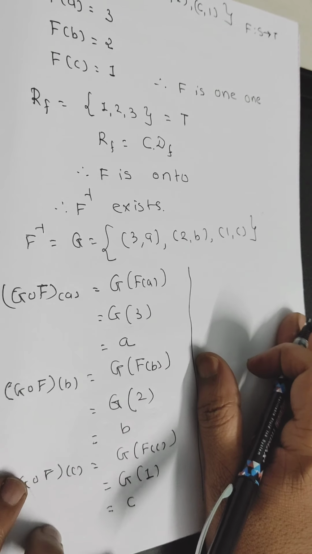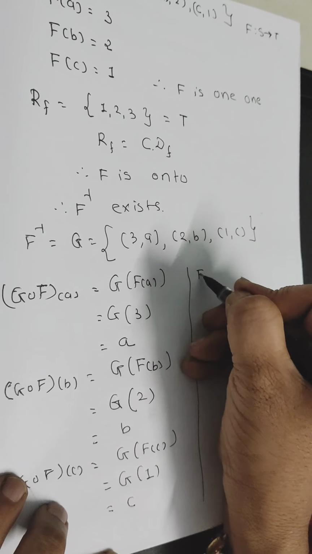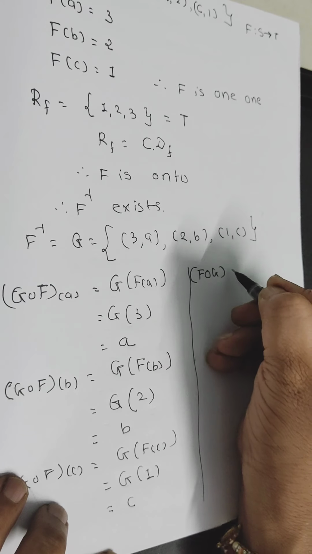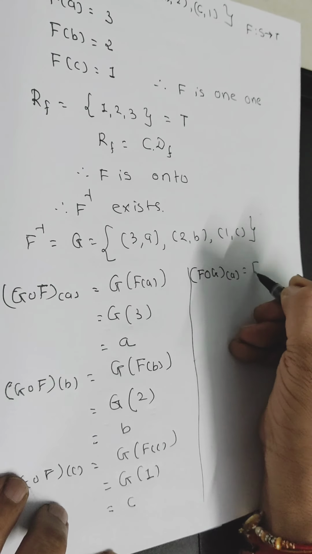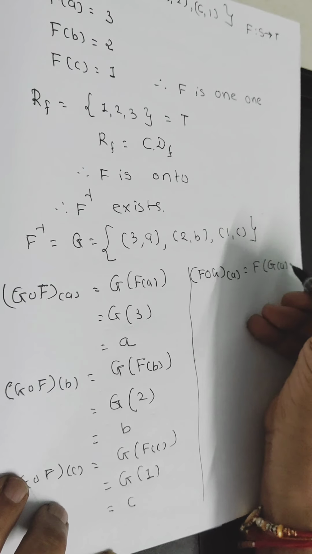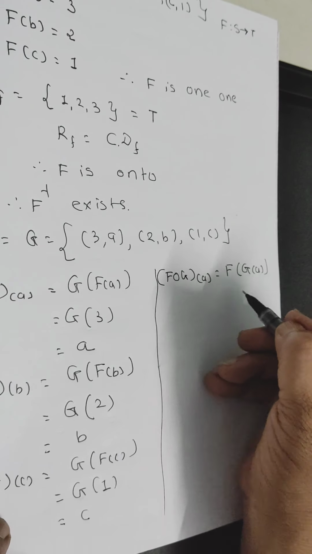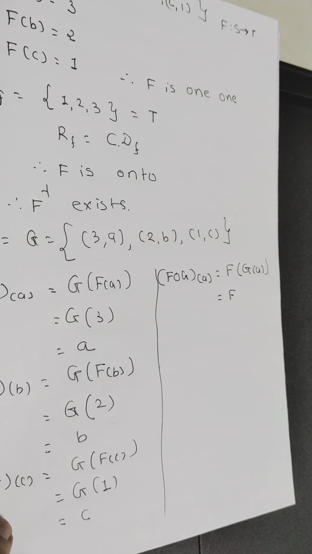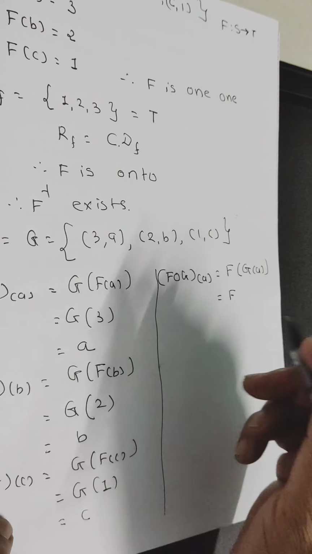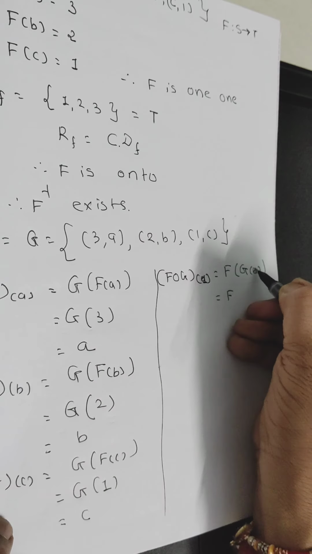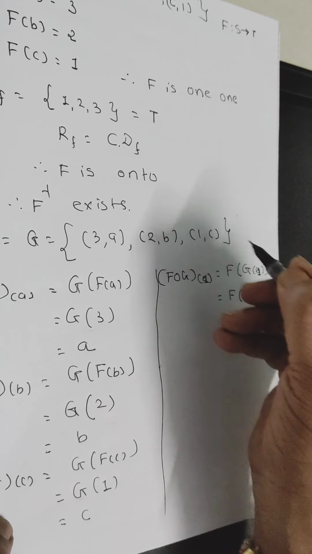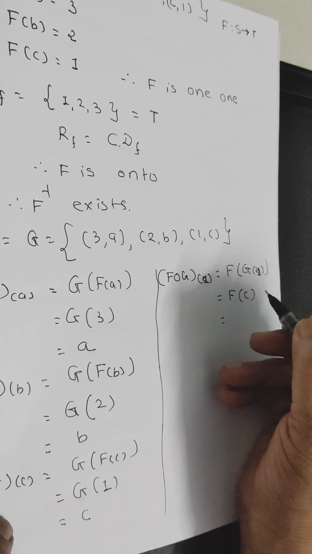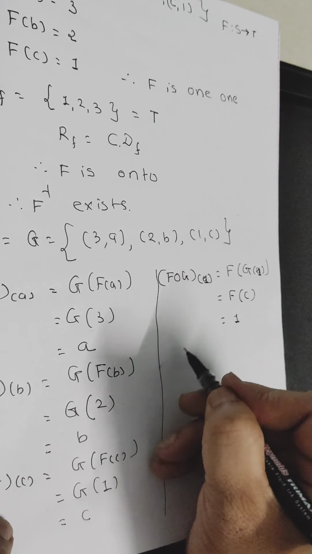Same way F of G of A means F of G A, and F of G A. G1 is written, right, the first one, G1 that is C, and F of C that is 1.